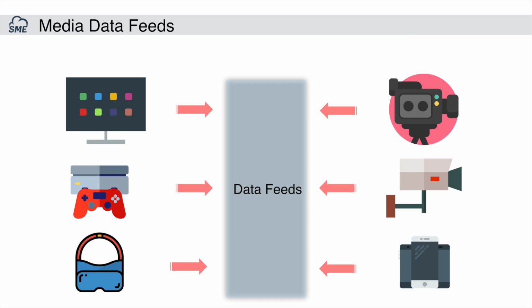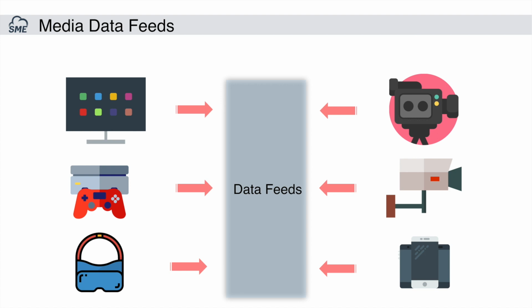Whether that's from TV output in 4K, 8K, Ultra HD, whether that's the numerous number of cameras that they are using to film a particular TV episode, normally 5, 6, 7 or 8 cameras per episode, whether that's data coming in from video surveillance cameras, recording real-time footage, whether that's footage coming in from mobile devices, from end users and customers, whether that's footage coming out from consoles, like esports for example, and whether that's virtual reality data as well. There's a vast increase in the number of data feeds the media and entertainment firms are having to deal with.